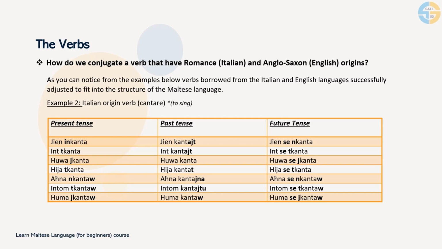Future tense: jien se nkanta, inti se tkanta, huwa se jkanta, hija se tkanta, aħna se nkantaw, intom se tkantaw, huma se jkantaw. Okay?